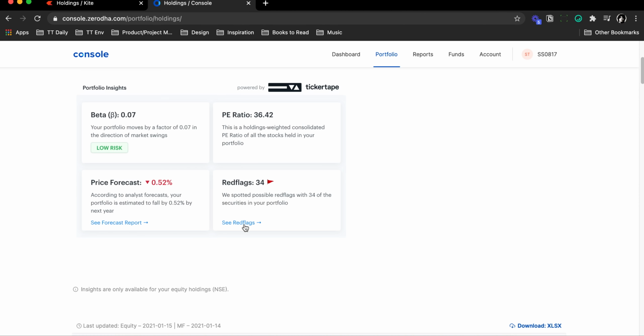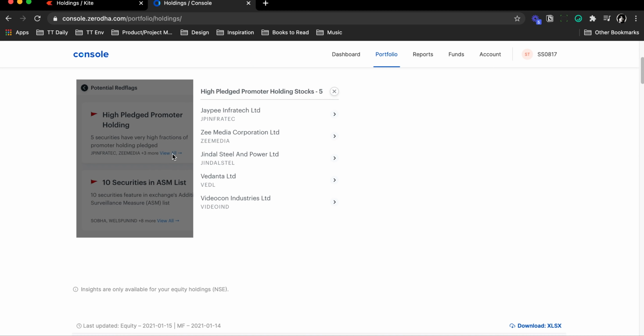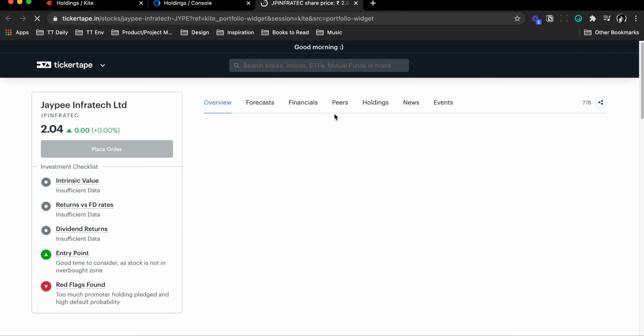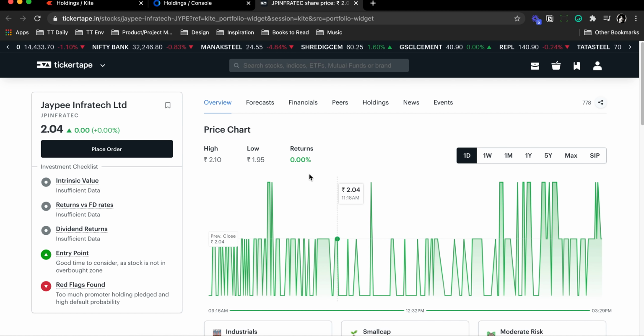If I want to see the individual red flags, I can see that under the high pledge promoter holding section, there are 5 securities, and I can view these securities by clicking this. At any point, if you want more information about any of these securities that are part of your portfolio, on clicking on any of these, you will be redirected to Tickertape, where you can see the entire stock information.